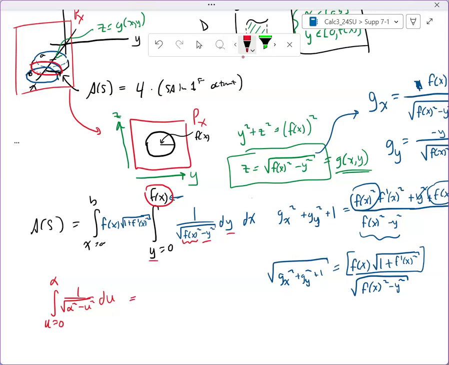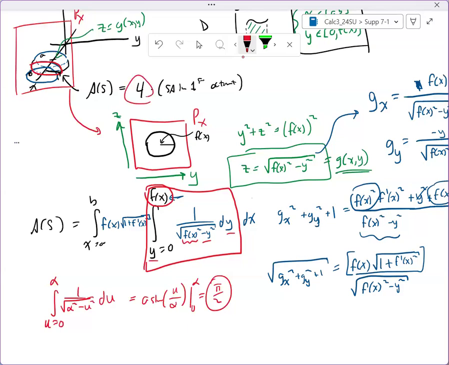We can do a trig substitution. We can find that this is the arcsine of u over alpha from 0 to alpha, which is just pi over 2. So this entire inside integral here is just pi over 2.